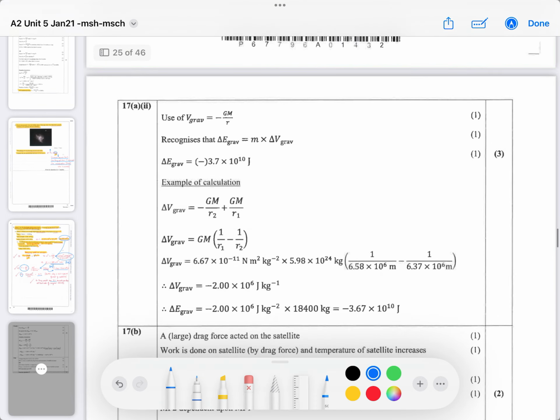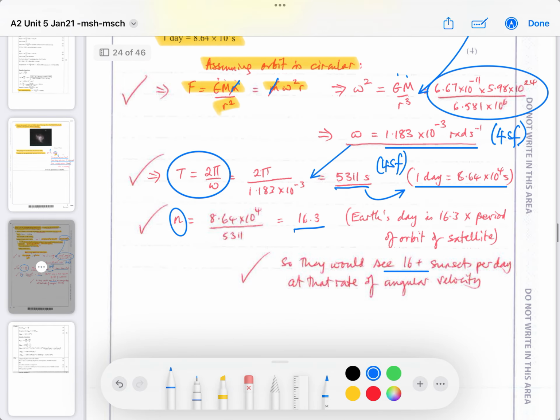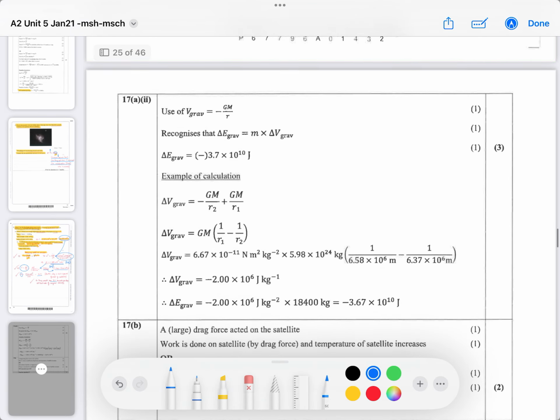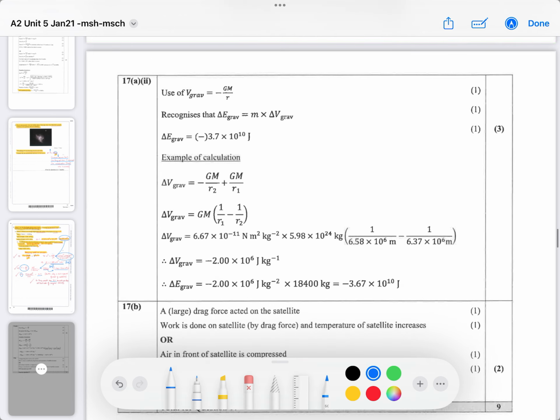Question 17. Is that question 17? Yeah, 17a. So we've done 17a, but we haven't done 17a part 2. And this is what I was telling you: the guy in the videos shows how you can use this understanding of potential. It's always negative because it's always less than 0.